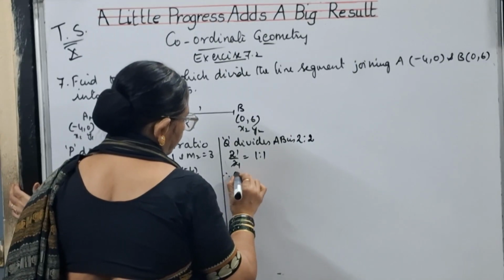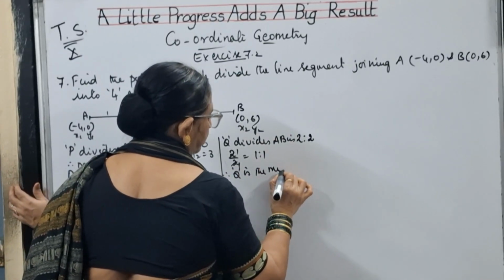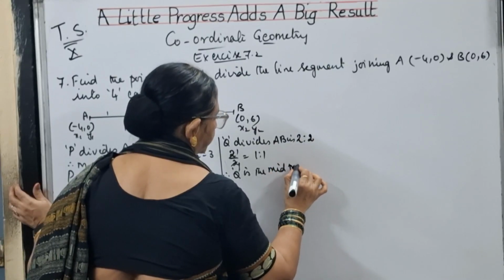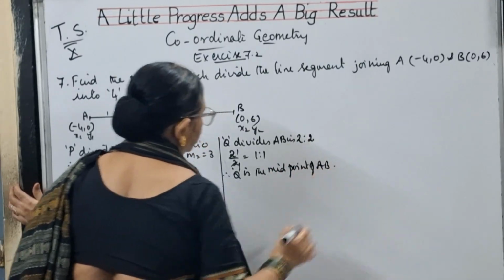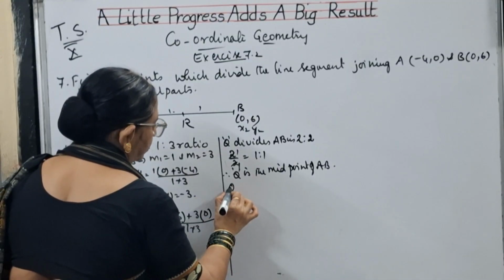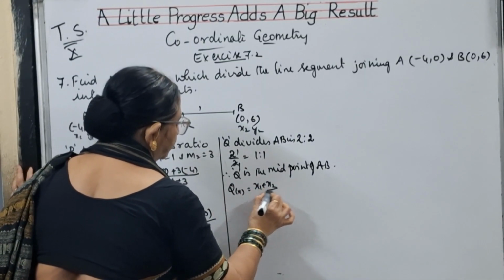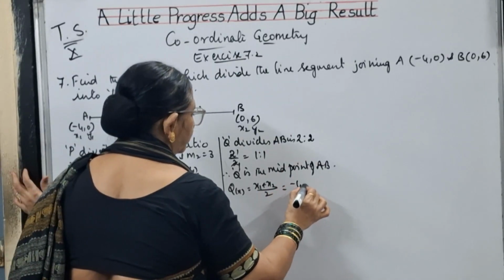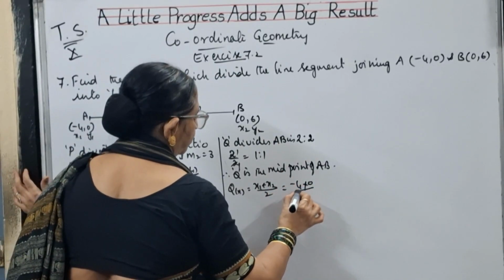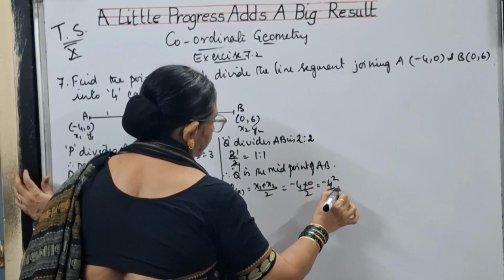That means Q is the midpoint of AB. If Q is the midpoint of AB, Q of x is equal to (x1 + x2) by 2. That is x1 is minus 4 plus x2 is 0, by 2, minus 4 by 2, that is minus 2.